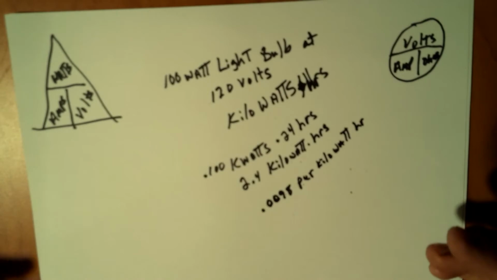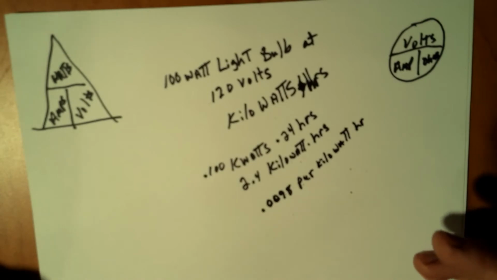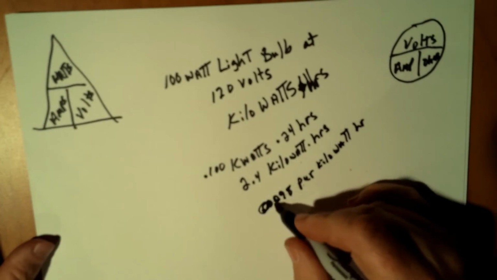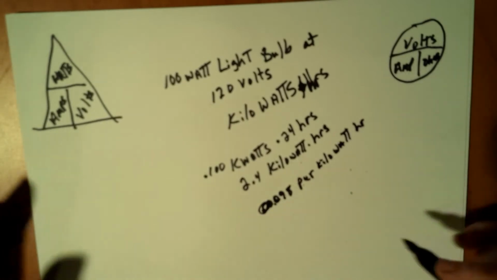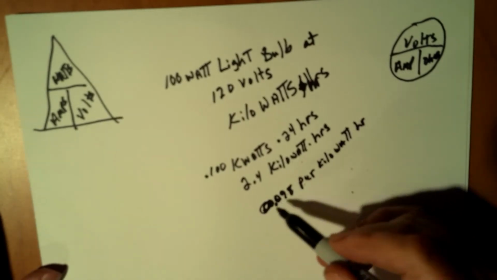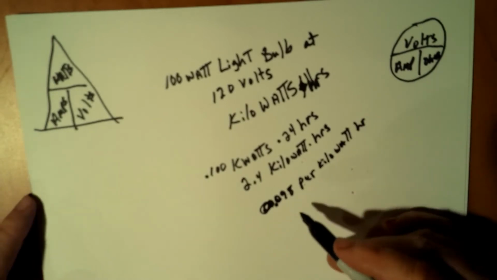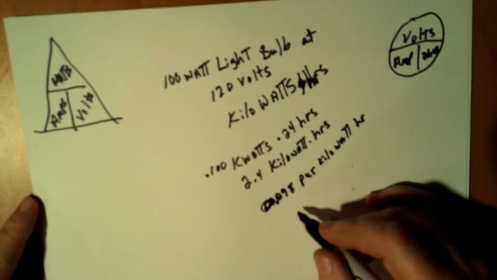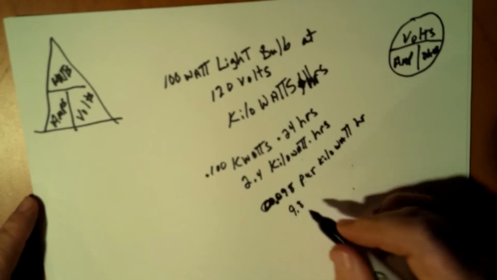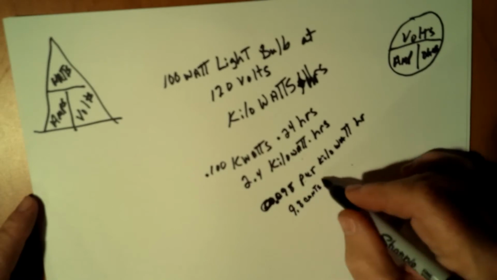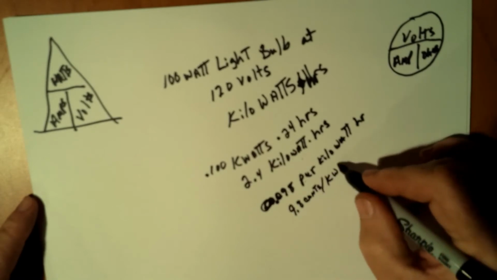I'm sorry, I had the decimal point in the wrong place. It was 9.8 cents. If you do that in dollars, it's 0.098, but let's leave it in cents. That's how much it costs us: 9.8 cents per kilowatt hour.